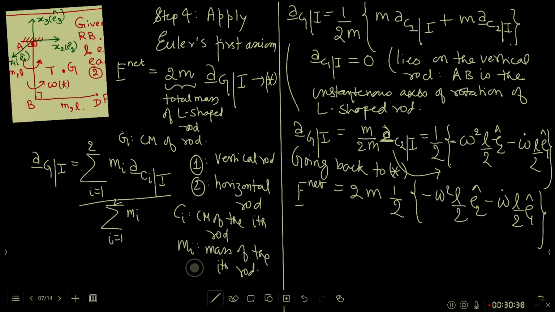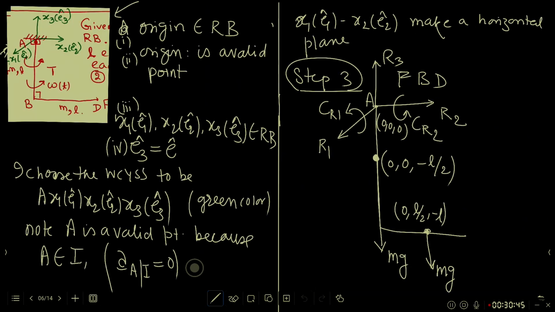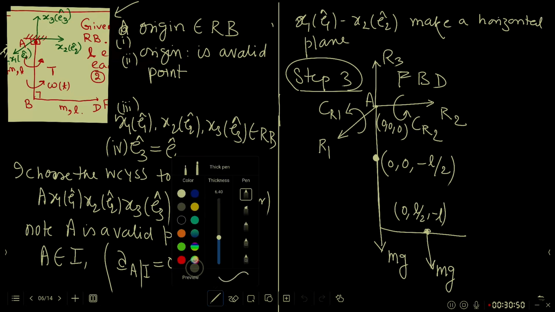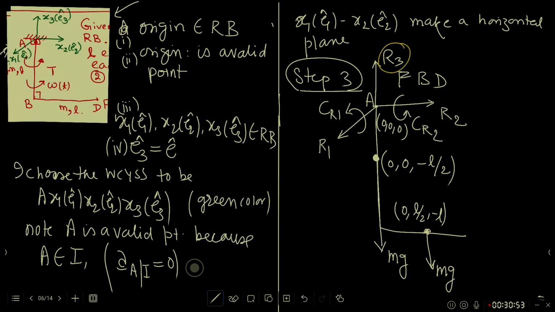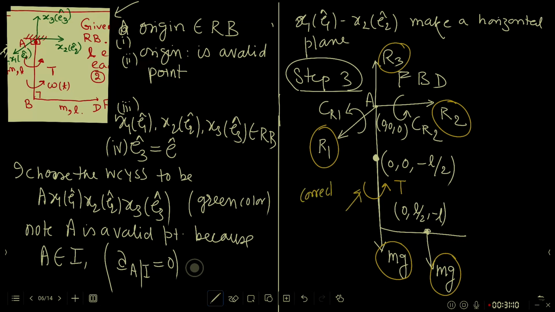Now F net, if you go back to the free body diagram that I showed here, will take contributions from R3, R2, R1, this mg and this mg. Now on this I actually forgot to put T. I should have. Applied torque should be put, but it doesn't contribute to any force.